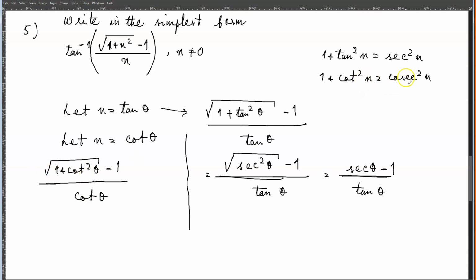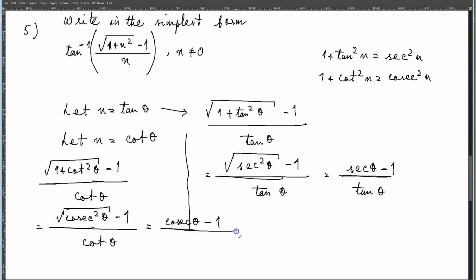And 1 plus cot squared theta is equal to cosecant squared theta, so that would be equal to the square root of cosecant squared theta minus 1, divided by cot theta, and the square root of cosecant squared theta becomes cosecant theta minus 1 over cot theta, right?